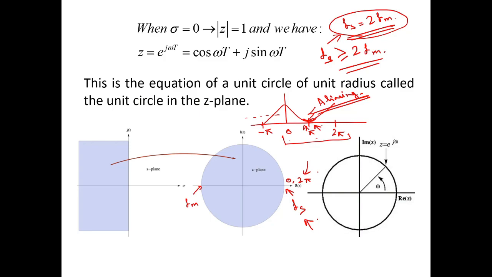However, in that case, what will happen? Say for example, if you take fs dash. Say for example, initially you have fs of 200. Now your fm would be 100 hertz.